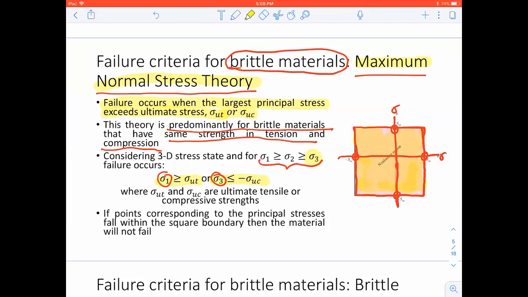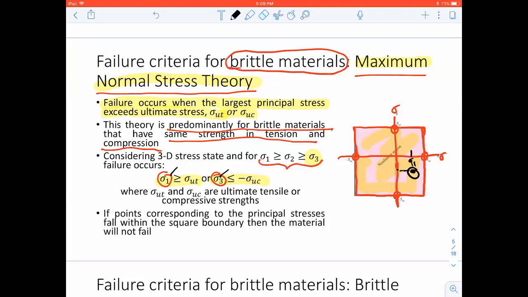That's my non-failure region. That means if you have a combination of principal stresses, say my sigma 1 is somewhere here and sigma 3 is somewhere here, for a combination of principal stresses that falls within this boundary, we're going to say that it's not going to fail.